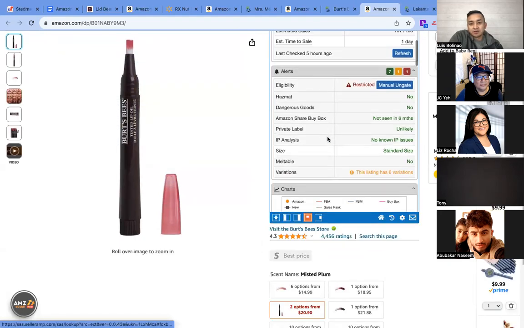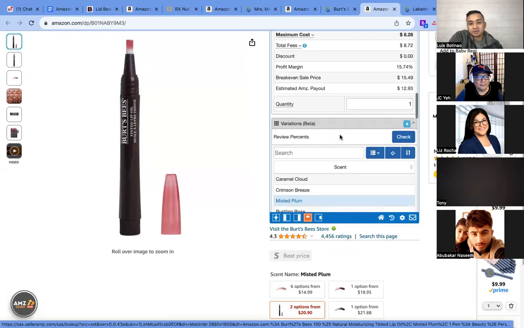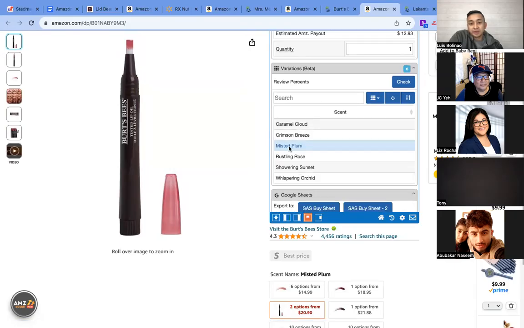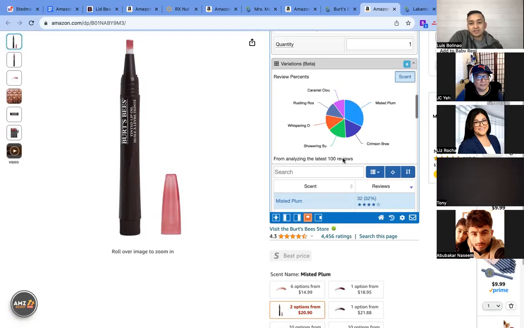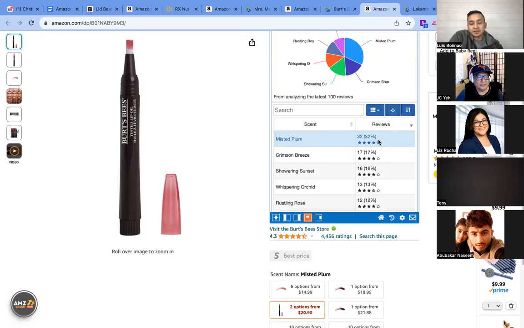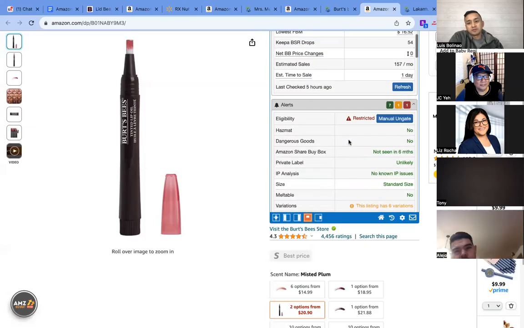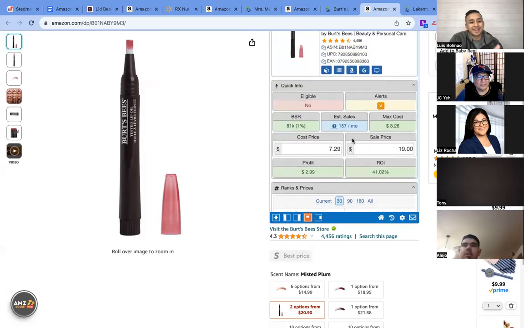So again, I go down to variation. I pick the variation, which is this one. Then click check. So this variation is taking 32% of the sales. So we're going to do a little math, right? 157 sales a month times 32%.